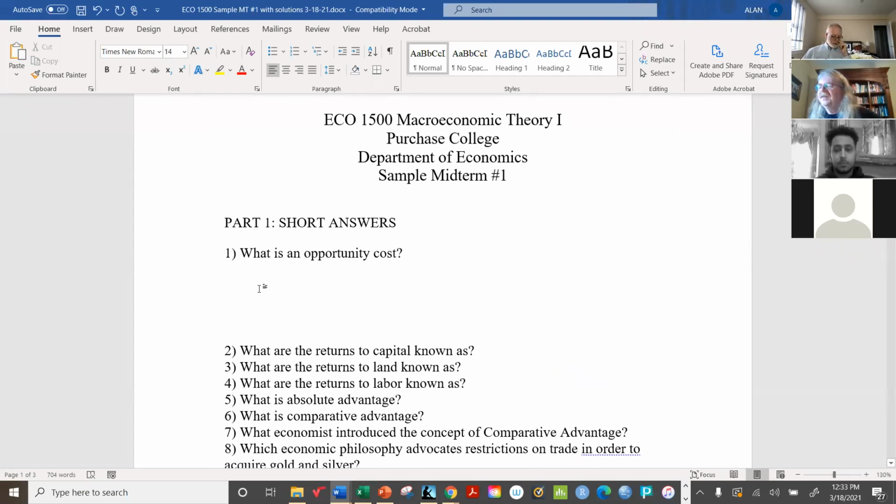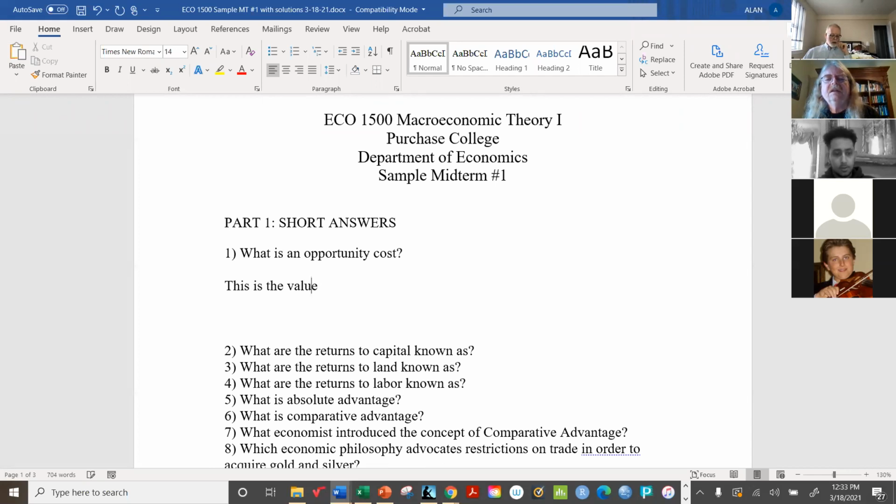And so we'll start by noting that an opportunity cost, this is the value of the best alternative that is sacrificed when a resource is used.